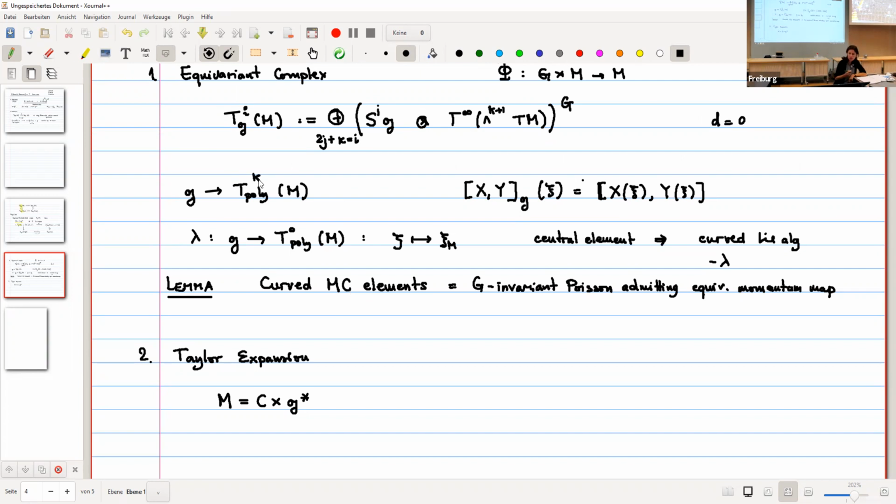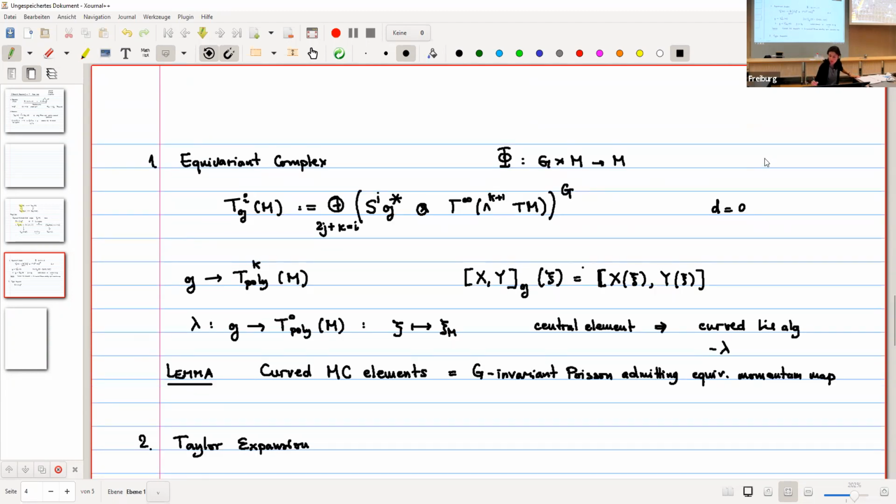Sorry, that's a mistake. Okay, thank you. Now it works. So the action is actually a coadjoint action and not the adjoint action on the first. The coadjoint, right. Ad G star. Okay, thank you.